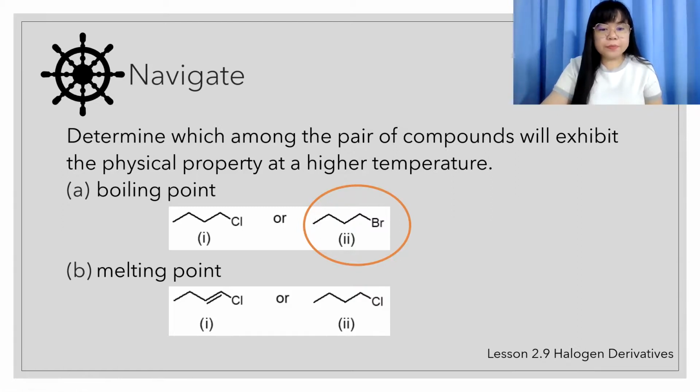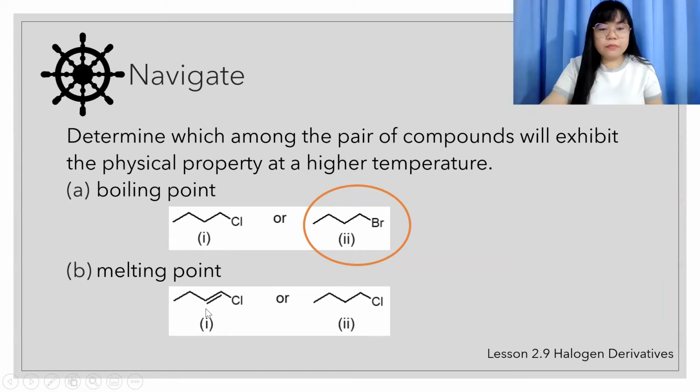For letter B, again, we have a pair of chains having equal number of carbons in their structure, except that this one is saturated while this one is unsaturated.